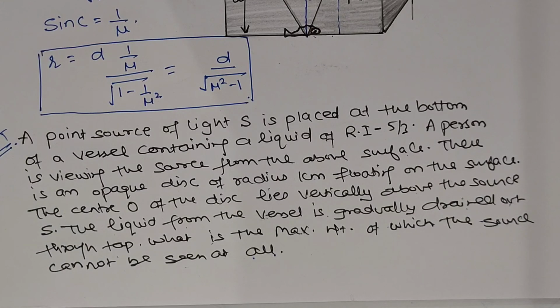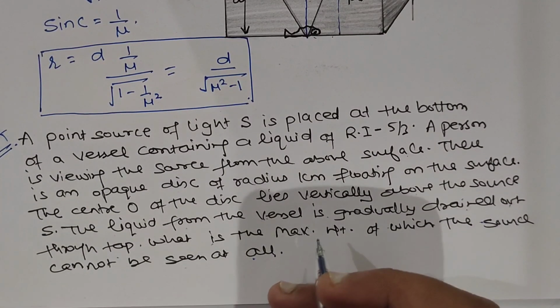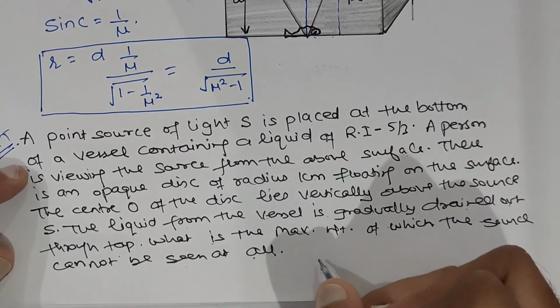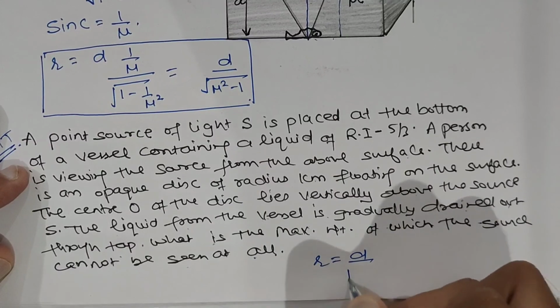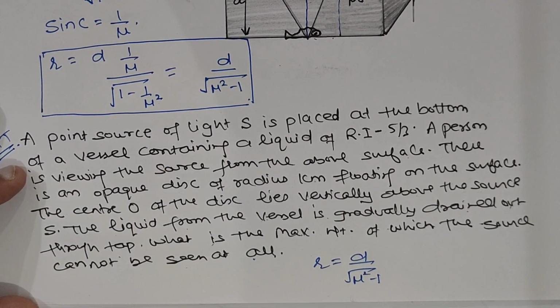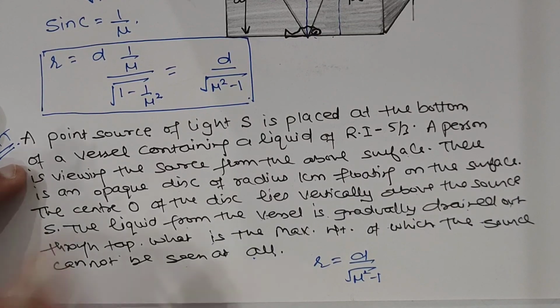So as we know the formula, r is equal to d upon under root of mu square minus 1. This will help us solve the typical problem in a very easy manner.